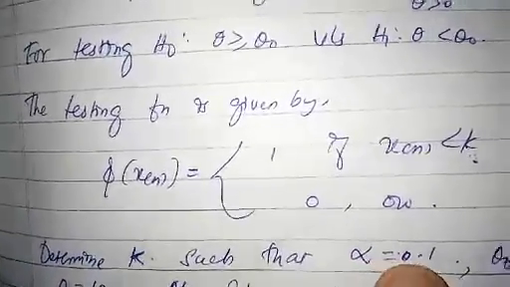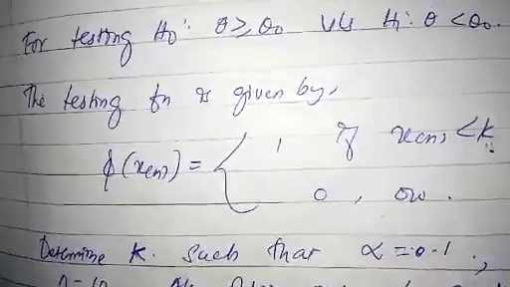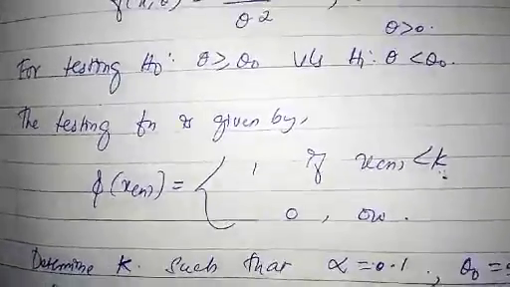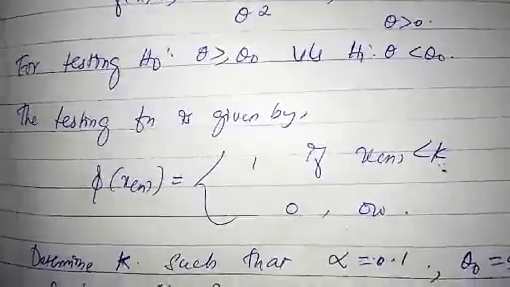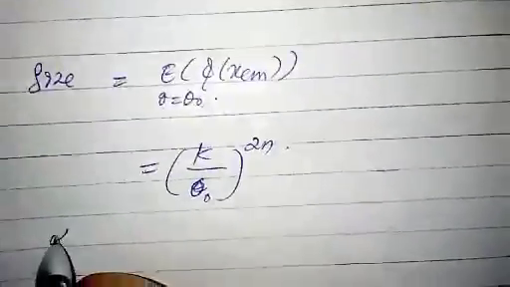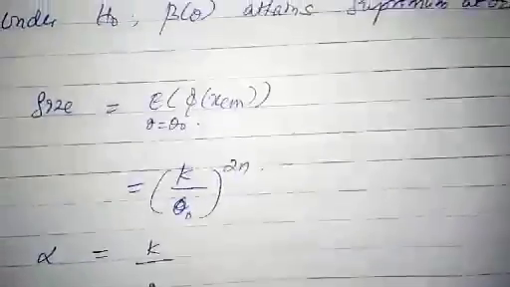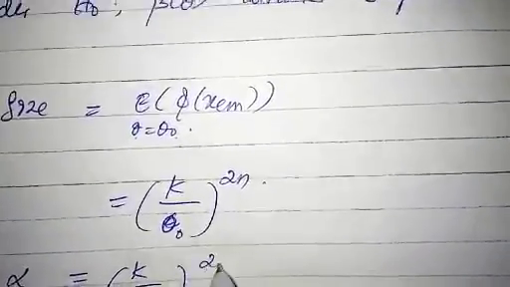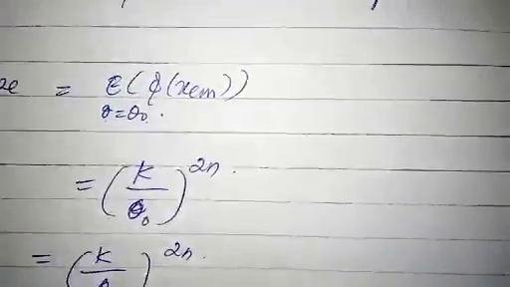Here the size of the test is given, right? The size of the test alpha equal to 0.1. That is, size of the test alpha equals k divided by theta naught power 2n, right? Then how to determine the k value?